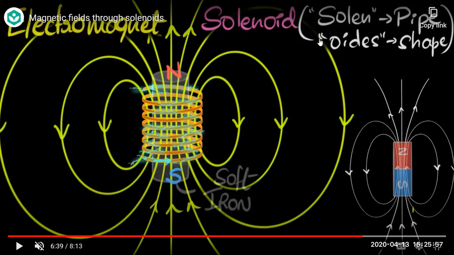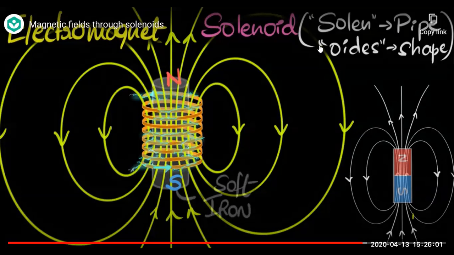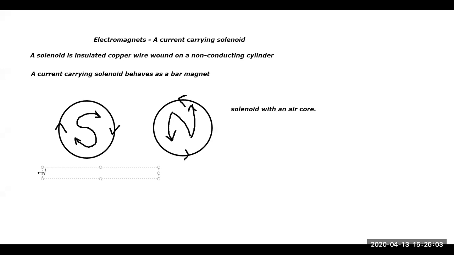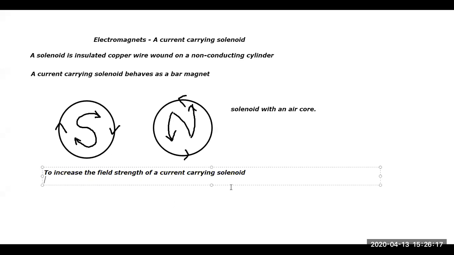So I'm going to put this onto the board and you are going to remember it very carefully. What am I going to do in order to increase the field strength of a current carrying solenoid? How am I going to increase it? I can increase it in three different ways.